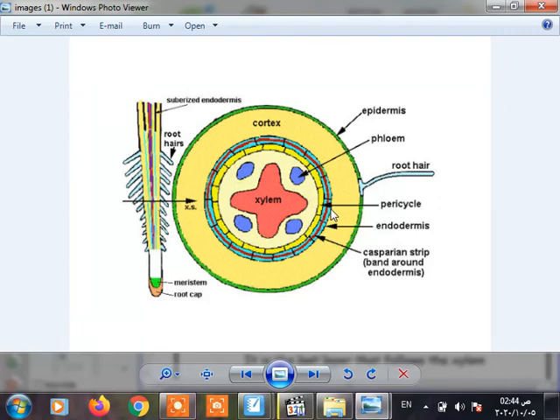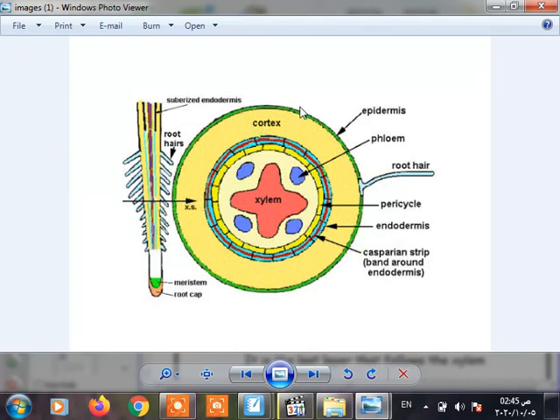So, what is the function of root hairs? As we said, they extend from the root. They are small hairs that extend from the root, especially from the cells of the epidermis. As we said here, the root consists of layers, and the first layer in the root is the epidermis.